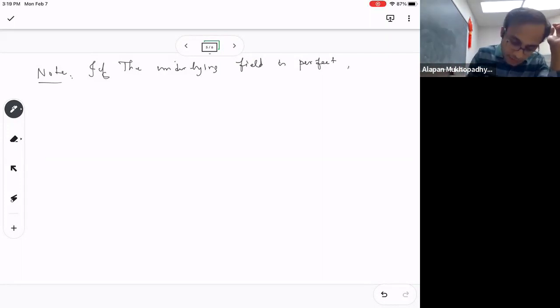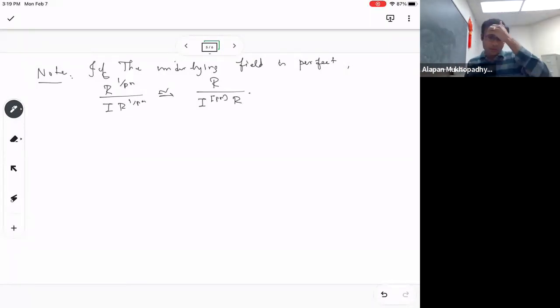If the underlying field is perfect, then if I look at length, this object R power 1 by p power n, then I extended to I power 1 by p power n. This is just isomorphic to R mod I power 1 by p power n R. Okay, and with this identification, I will just restate my theorem in the setting I want to discuss. So what's the theorem?